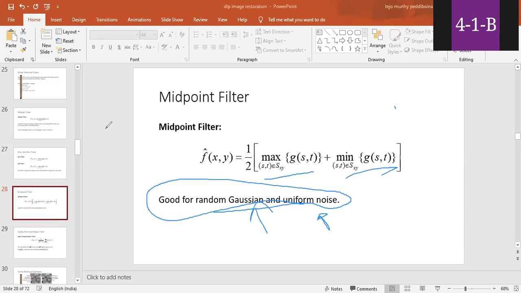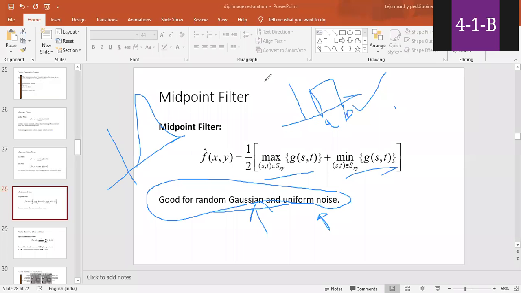So Gaussian noise probability distribution is like this. Already I explained to you. And the uniform noise, the probability distribution is like this, constant between A and B. This is PZ. So average between maximum and minimum.